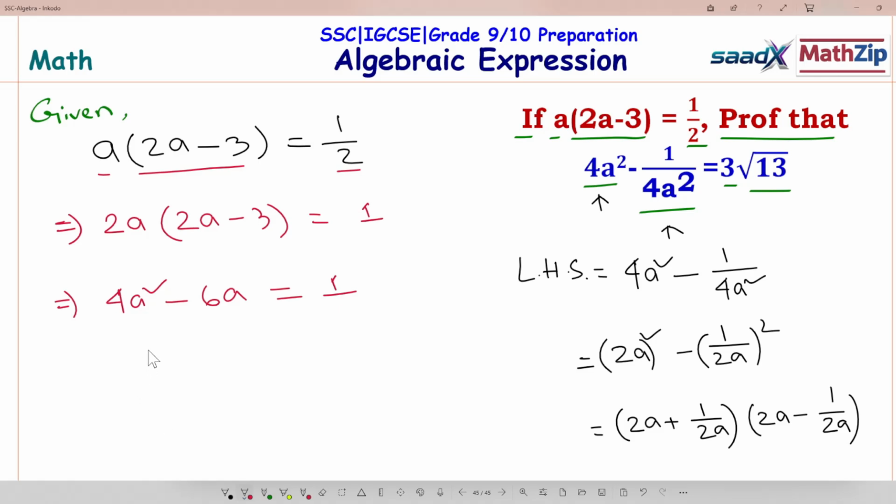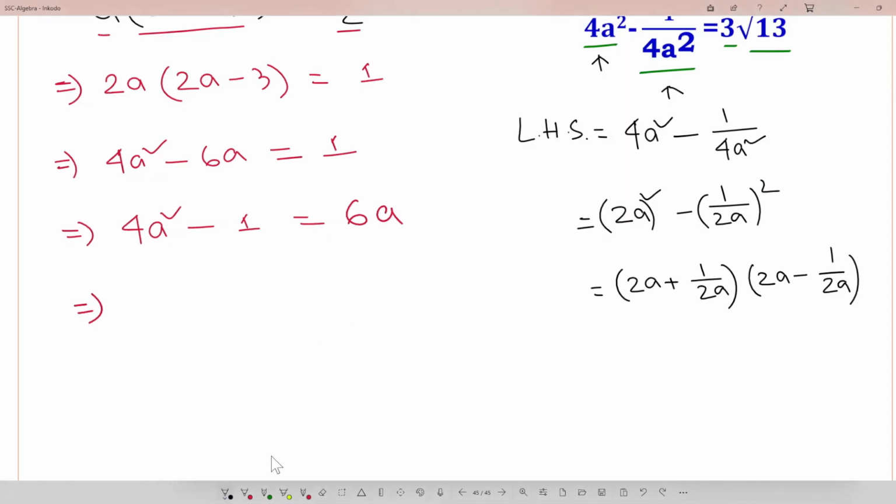We can write here is 4a square minus 6a. So this 6a we can transfer to right side. It means 4a square, and this one we can transfer to left side. It means minus 1 equals 6a. Now look, this 4a square minus 1 equals 6a.